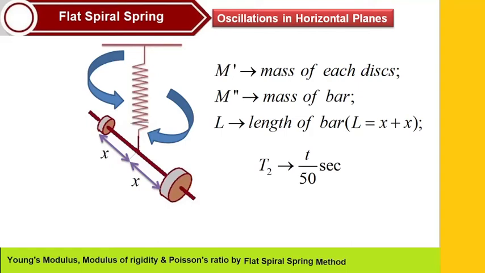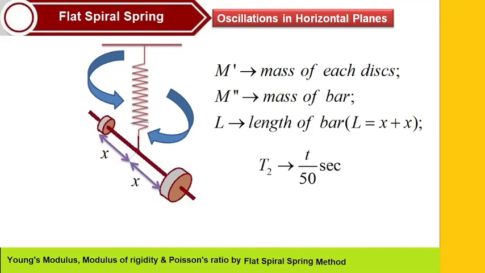Now we will see about the oscillations in horizontal plane. It is observed from the diagram, one end of the spring as usual is fixed, while the other end is attached to the bar having length capital L, and that is divided in x and x, equidistant.